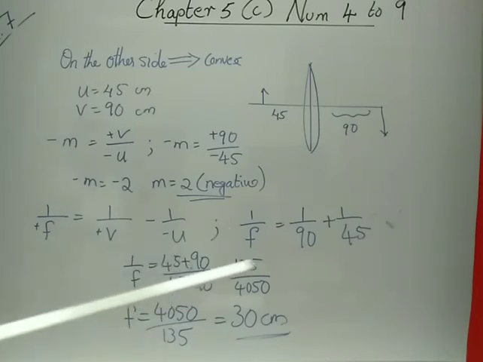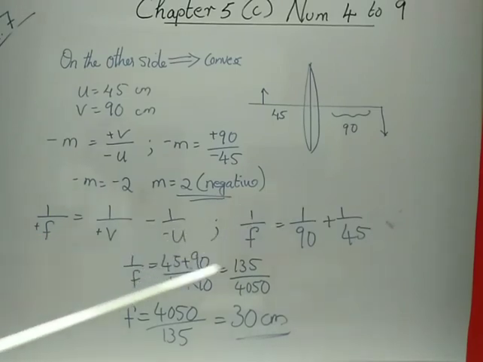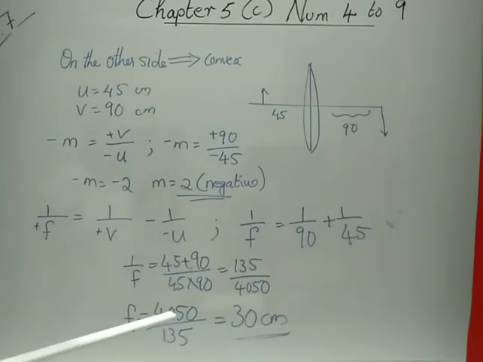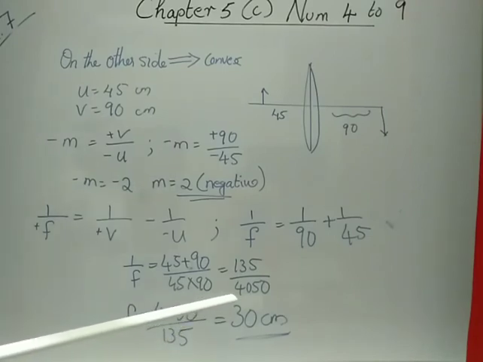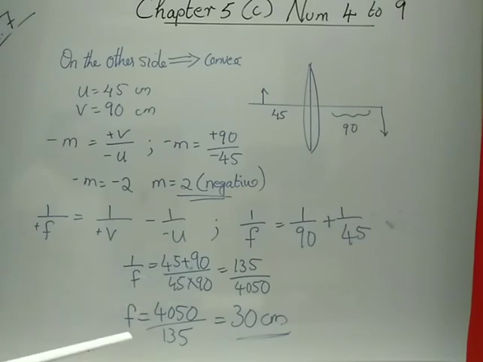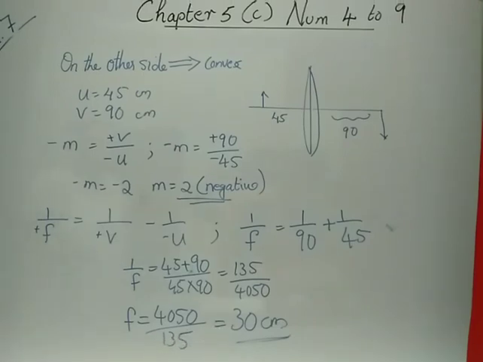Now cross multiply. 45 plus 90 by 45 into 90. So you will get 135 by 4050. So here you will get F is equal to, take the reciprocal, 450 by 135. You will get 30 centimeter.